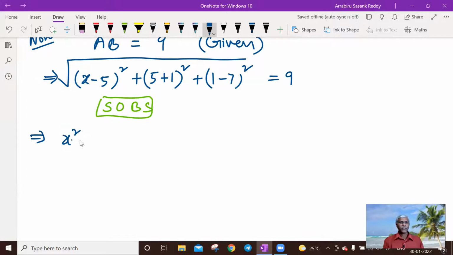x square minus 2ab, 2 into 5, 10x, plus b square, 5 square is 25. 5 plus 1, 6, 6 square is 36. 1 minus 7 is minus 6 square is 36. And 9 square is 81.